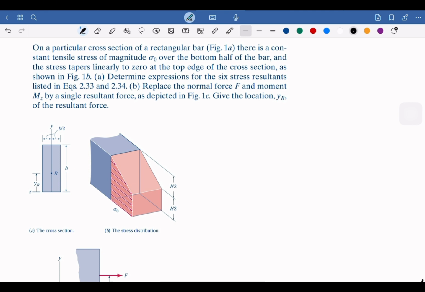And then after that half, it will go to 0 linearly. So it will be linearly 0 at the top, at the cross sections.